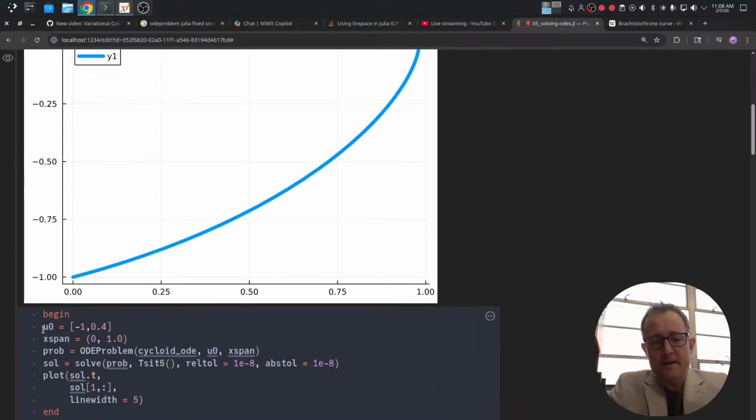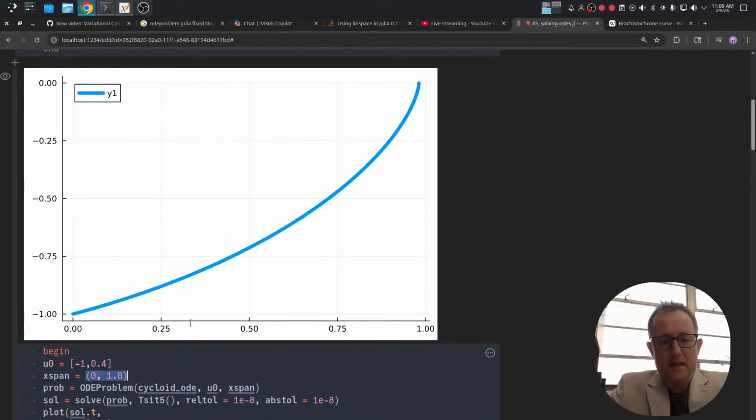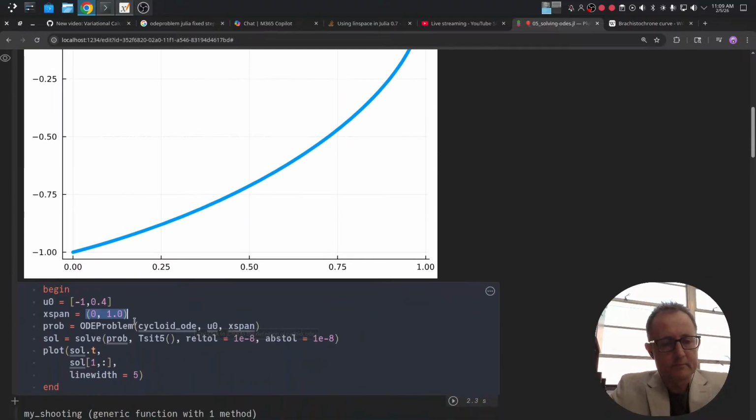And I set up some initial conditions: what is the initial position at 0? What's the initial slope at 0? Then I can say from 0 to 1, show me what the answer to this cycloid is. And so I get an answer.